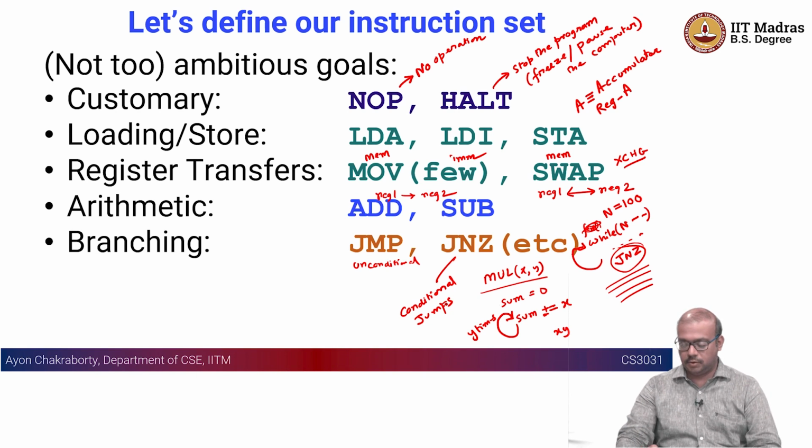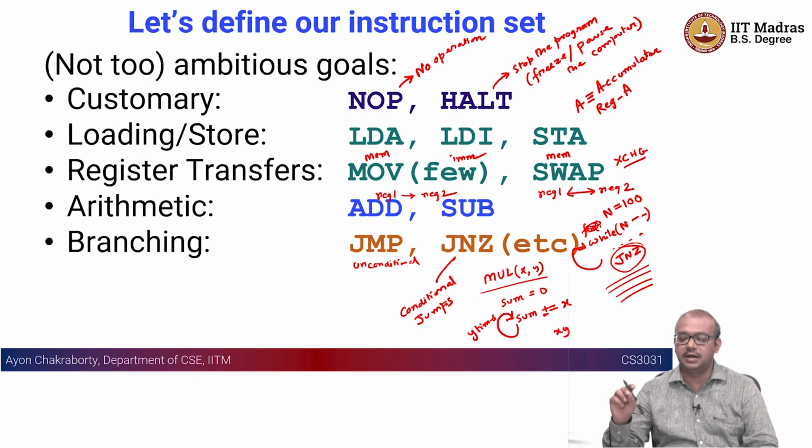Okay, so next we are going to look into a few sample programs that are implemented using our instruction set. And we also have to define our instruction format. We have to give some identity to each one of these instructions, because based on these definitions we are going to define the rest of our computer.